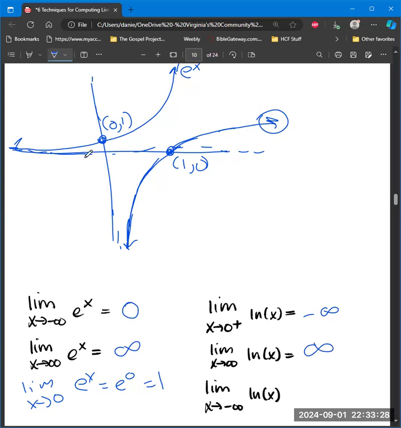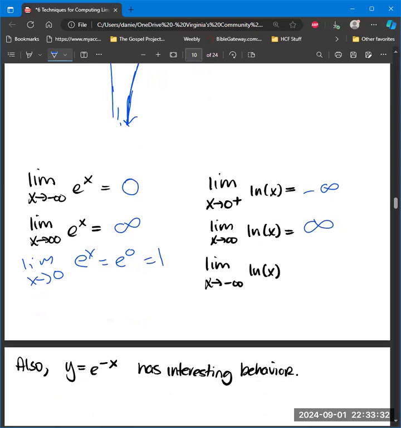It goes forever up and to the right. The limit of ln of x as x goes to negative infinity does not exist, because I can only get to 0 from the right. For x less than or equal to 0, ln of x is undefined. Right?